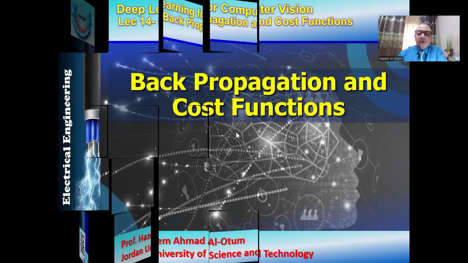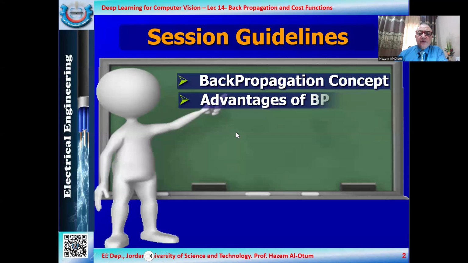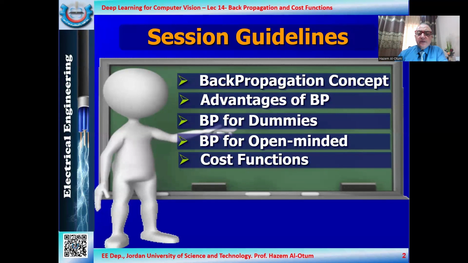So, in the session guidelines, you can see many topics or items: the backpropagation concept, advantages of using backpropagation, in simple understanding and with some details regarding the mathematical description of backpropagation.